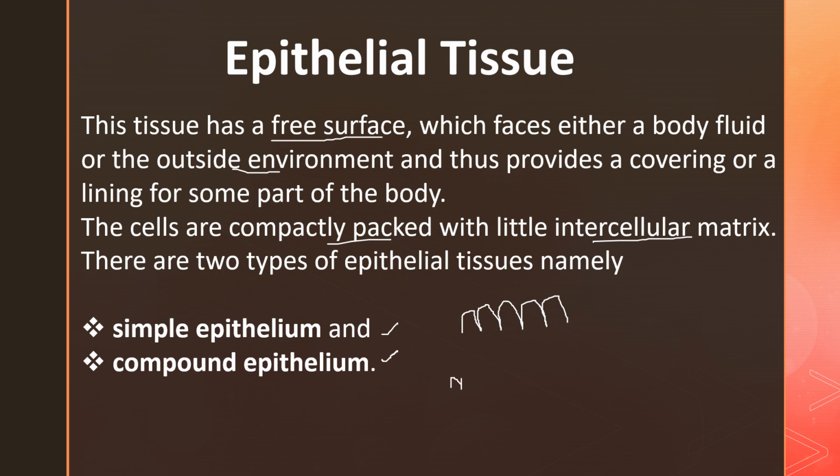If the epithelial cells are arranged in two or more layers, we call it compound epithelium. This is the simple epithelium, where there is a single row of cells tightly attached together with little intercellular matrix.